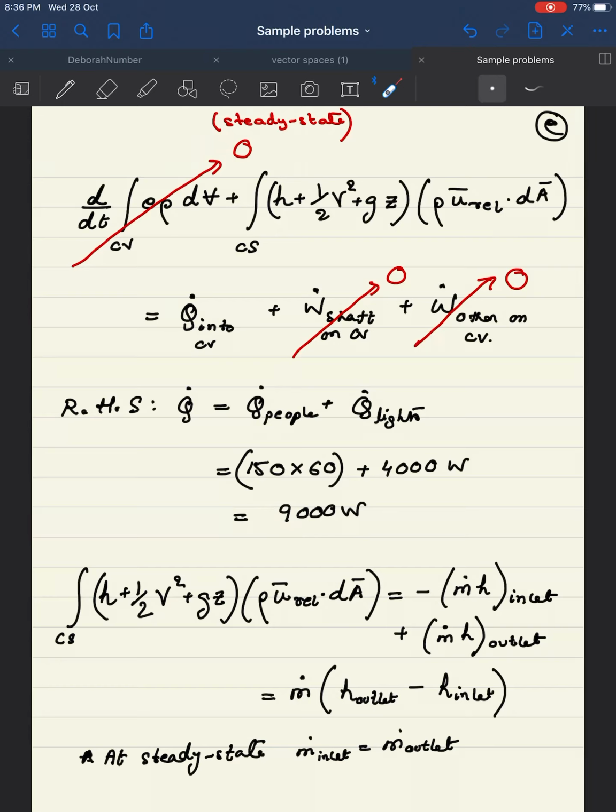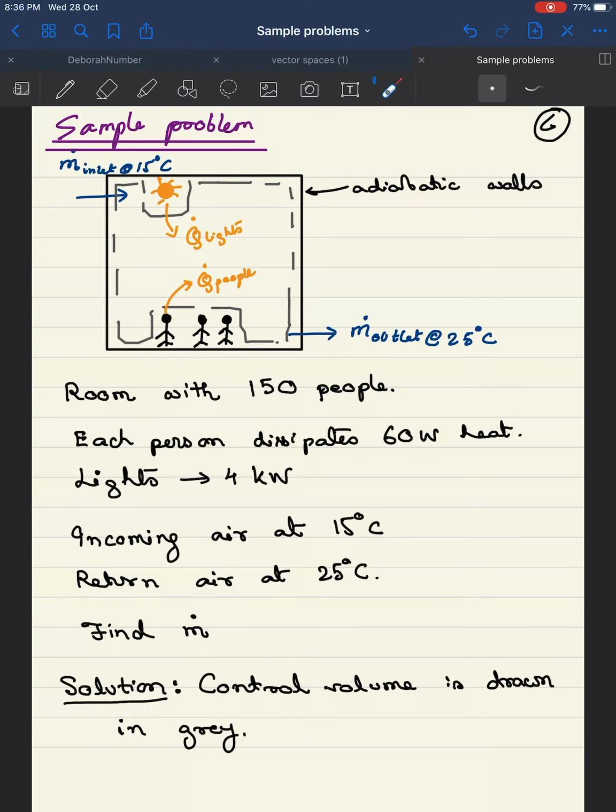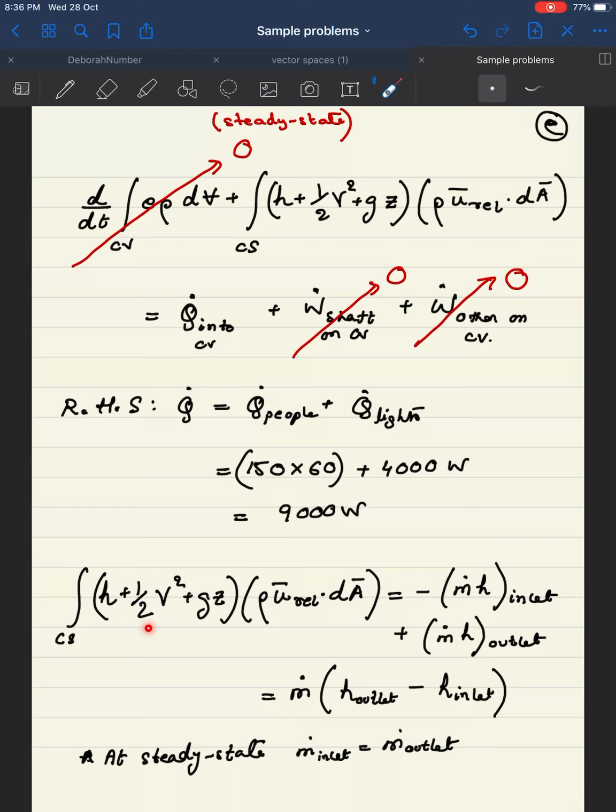Now how do you evaluate this term? Again, like that previous situation, we have a single inlet, single outlet. So in our case, this entire thing is equal to m dot h outlet minus m dot h inlet.